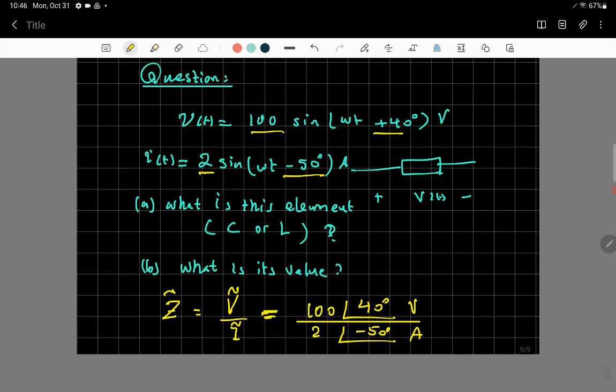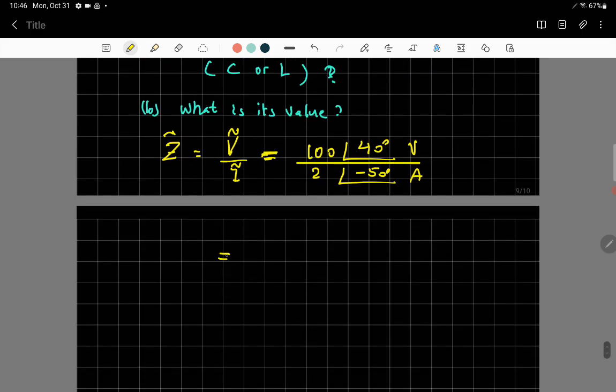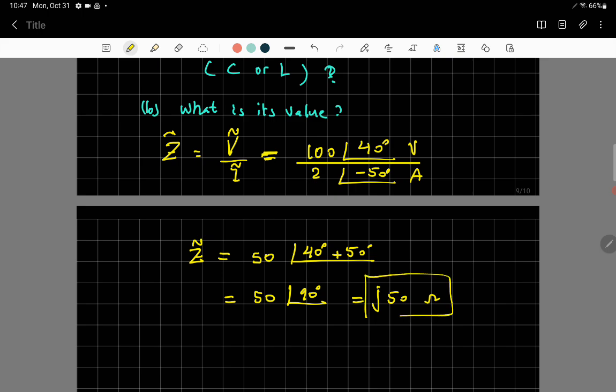That's volts, that's amps. When you do that, you'll find that the impedance is 100 over 2, equal to 50. And you have 40 degrees, move the negative 50 up, it will be positive 50. That will be equal to 50 on angle 90. It means j50 ohm. So that's the impedance.